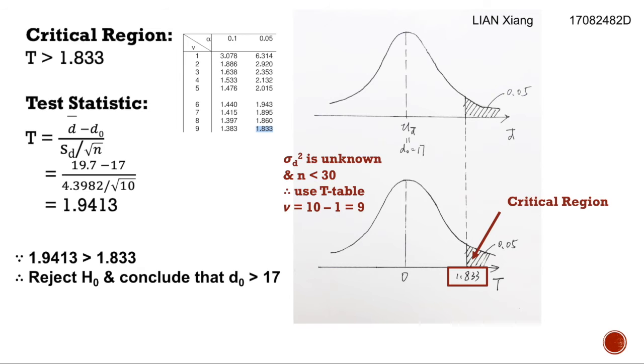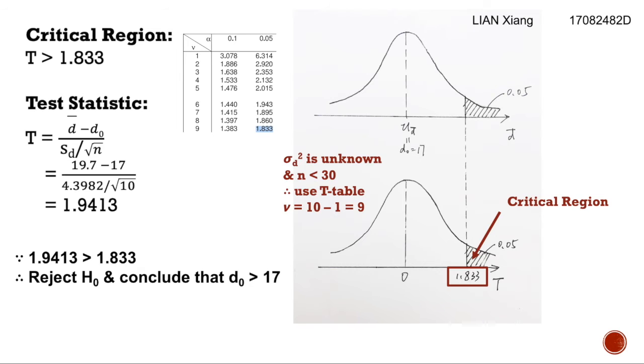Since the variance of D is unknown and the sample size is small, smaller than 30, we use the t-table, and the degrees of freedom should be the sample size minus 1, which equals 9. We check the t-table and find out that this point should be 1.833. So the critical region should be t larger than 1.833.